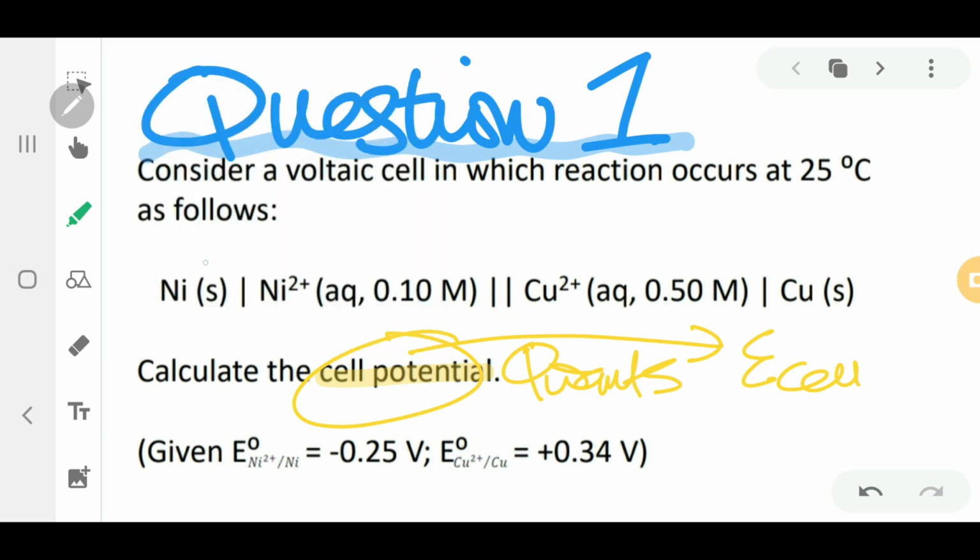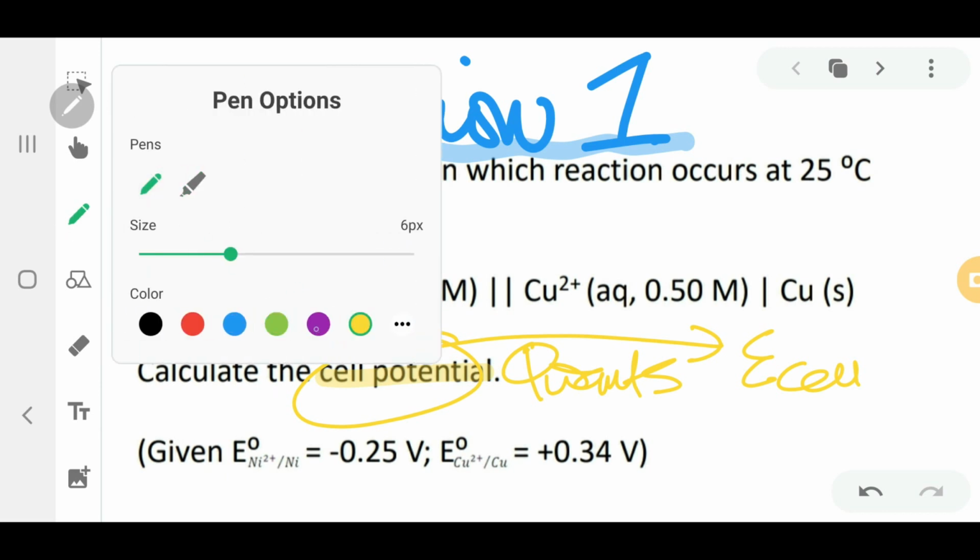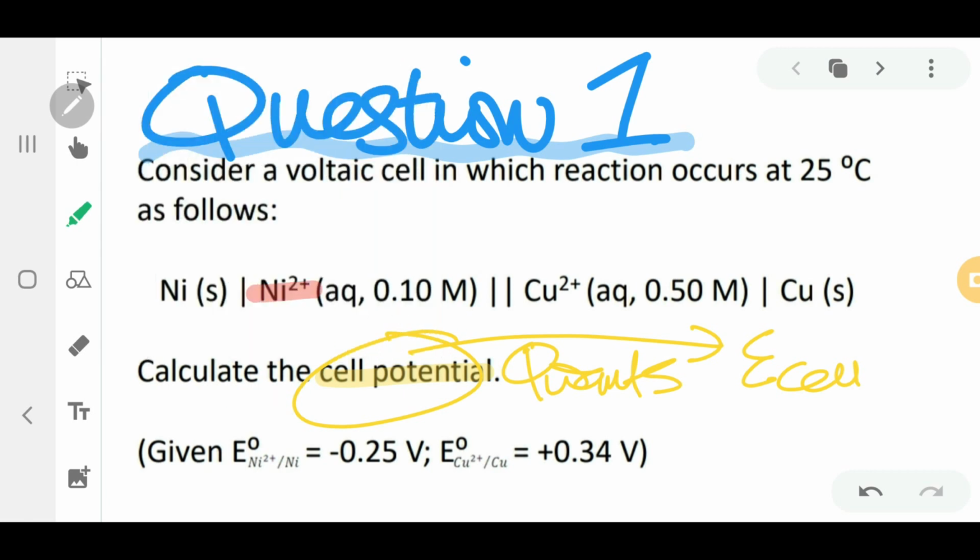Over here, you can see the concentration of your electrolytes for the anode half cell is 0.10, and the concentration for the electrolyte for the cathode is 0.50 molar. Both of the concentrations over here are not at 1.0 molar. So if you want to have a standard condition, the concentration needs to be 1.0 molar for both of them.